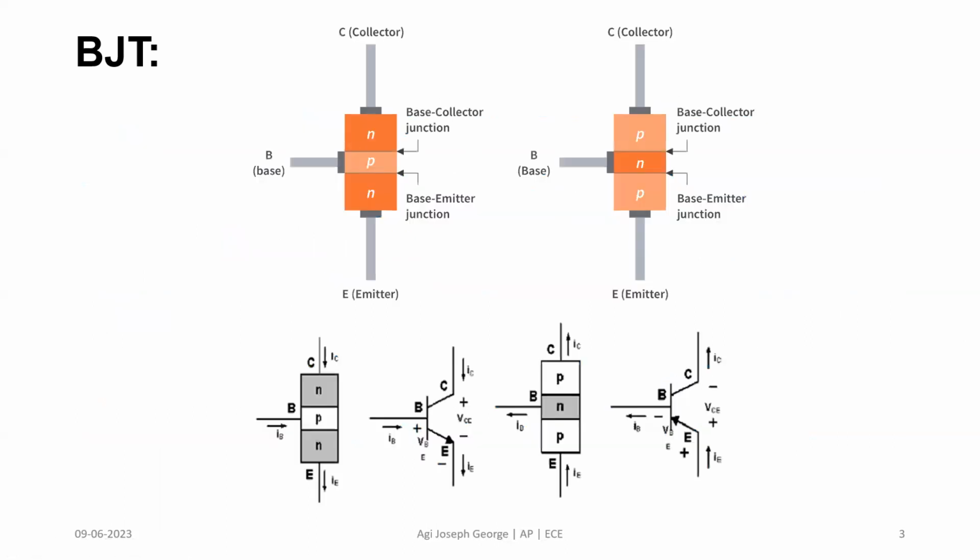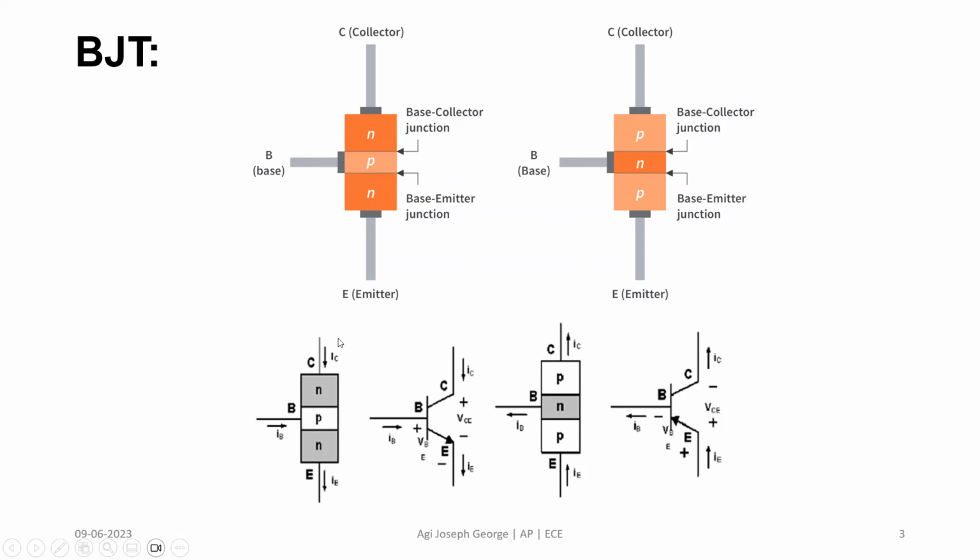So this is how the structure of a BJT is. Here on the left hand side, you can see an NPN transistor where the collector and the emitter are both N regions and the base region is a P region. Below you can see the flow of current.